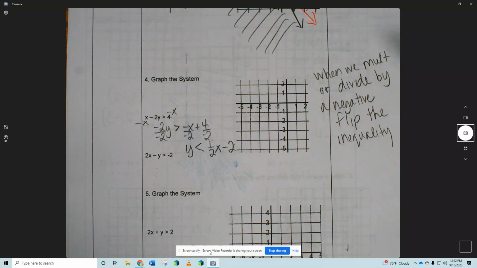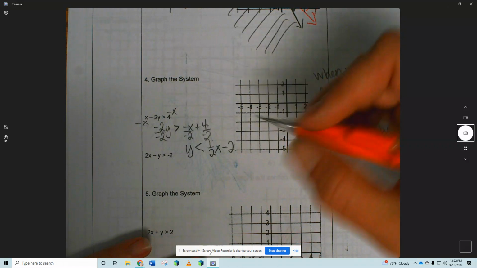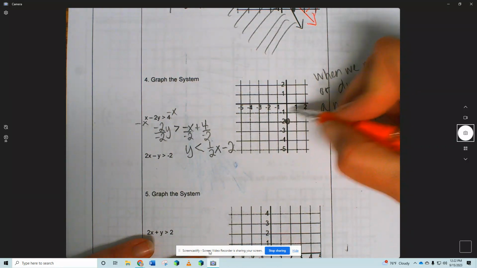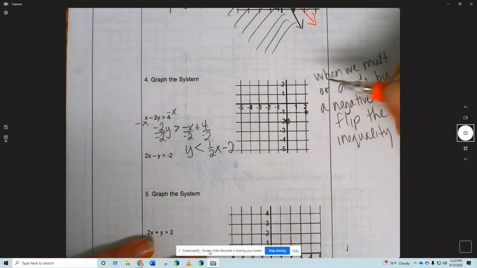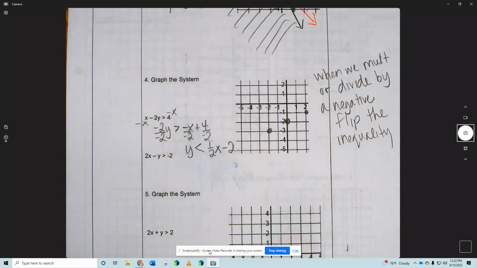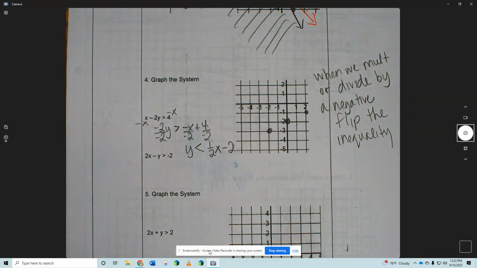See it? Okay. Graph it. Begin at negative 2. Rise 1, run 2. Reverse it. Down 1, left 2. It is a dotted line, right?